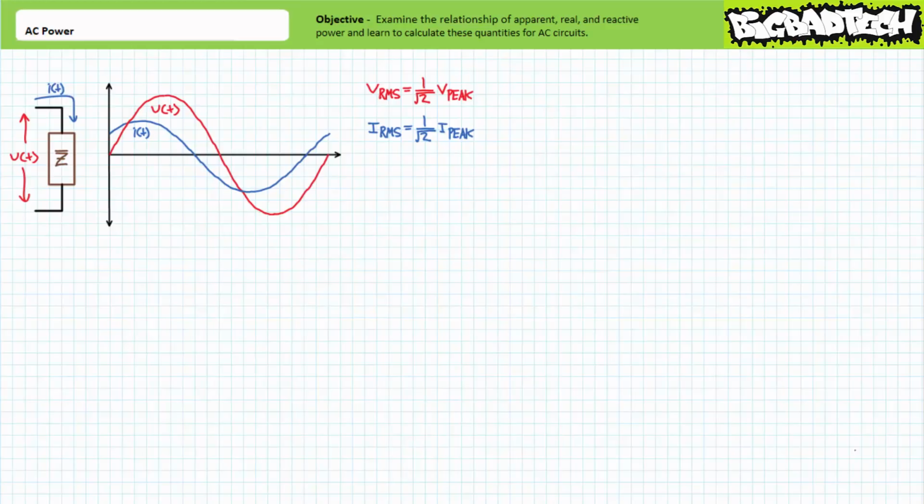You note the effective or RMS value is 1 over square root 2, or approximately 0.707 of the respective peak values. You'll note voltage and current have the same period and corresponding frequency, yet we don't know the specific values.